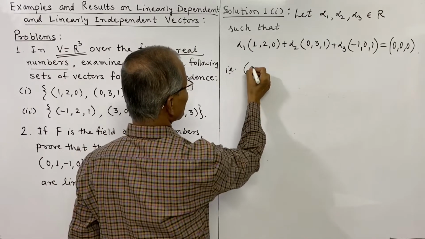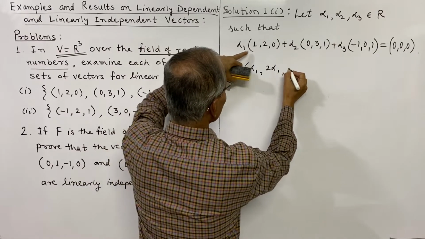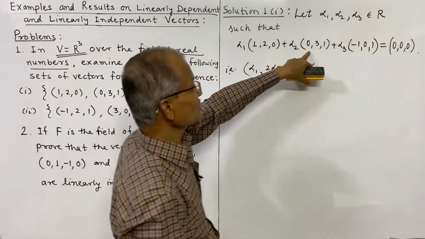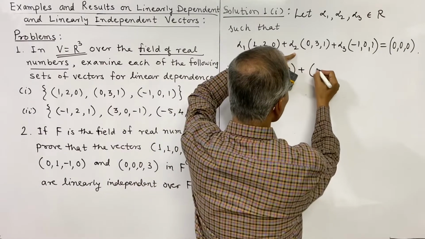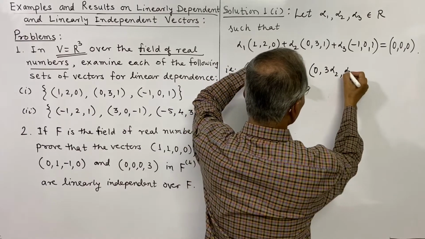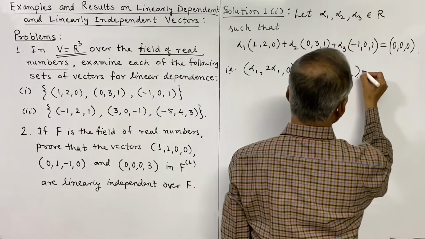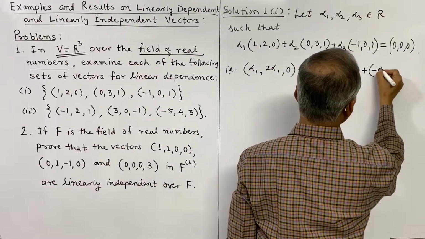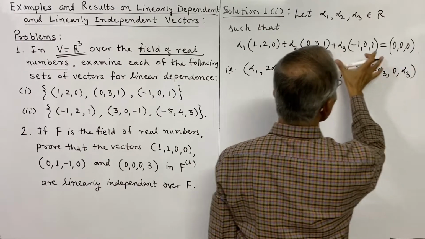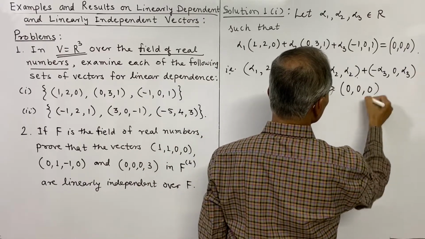So 1 into alpha 1 is alpha 1, 2 into alpha 1, and 0 into alpha 1 is 0, plus similarly each component gets multiplied by alpha 2: 0, 3 alpha 2, and alpha 2. Check it. And again the next is minus alpha 3, 0, alpha 3. So this is the left side, and the right side is (0, 0, 0).